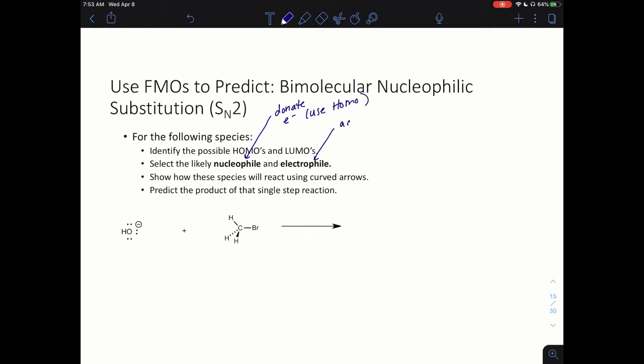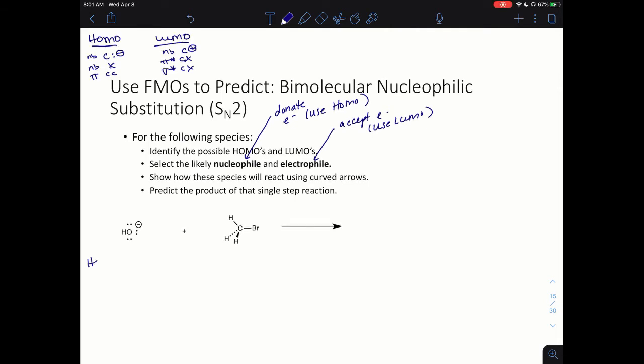Electrophiles accept electrons, so they're going to use the LUMO, that empty orbital, to accept electrons. Then show how these species will react using curved arrows and predict the products of this single elementary step. Okay, pause, do it, force yourself.